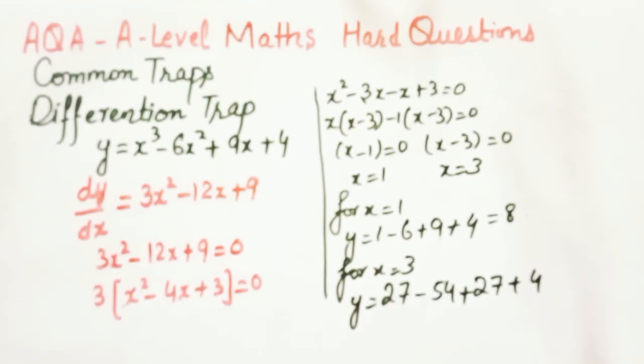So we have 27 minus 54 plus 27 plus 4 equals 4. So we got the value of y equals 4. So what are the points here? We get (1, 8) and (3, 4). These are the points, and we have to know that.